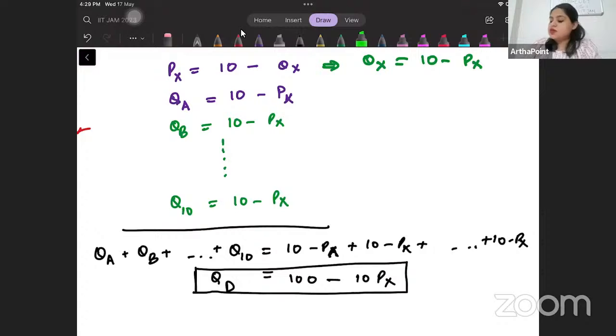This is your first answer. The demand in the market is adding individual demands together. So I start with demand of individual A plus B plus C plus D. ऐसे करके you keep adding individual demands together and you get the demand of the private good in the market.